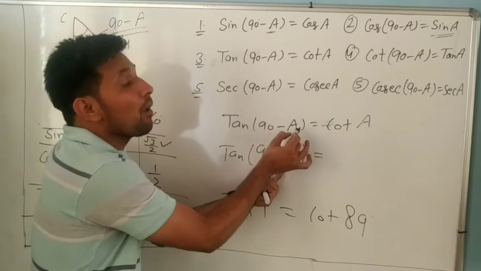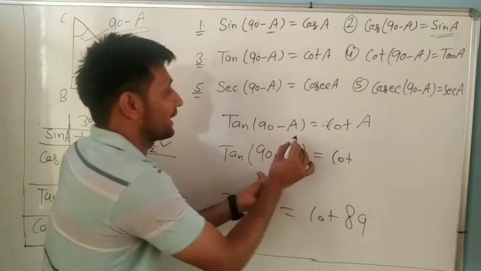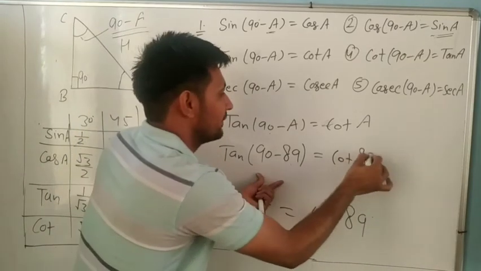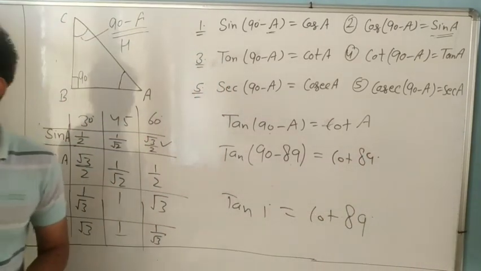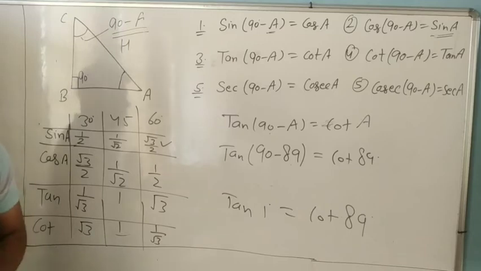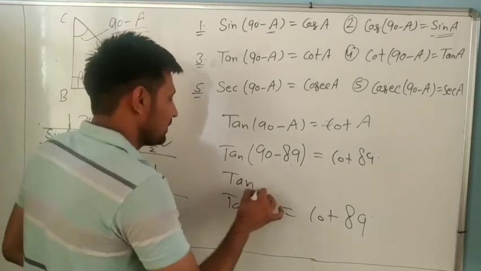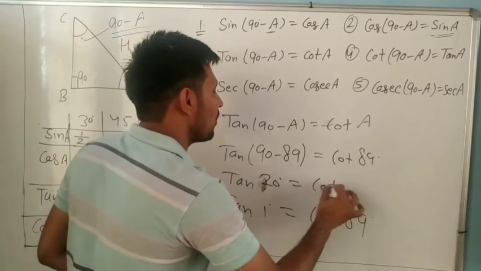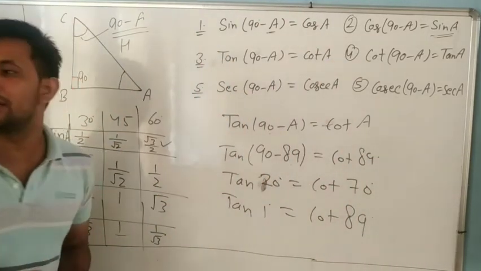Tan 90 minus A is cot A. What angle are we subtracting? A. Here we are subtracting 89. Both are equal, or no? Understand? Same as it is, tan 20 degree is equal to cot 70 degree.